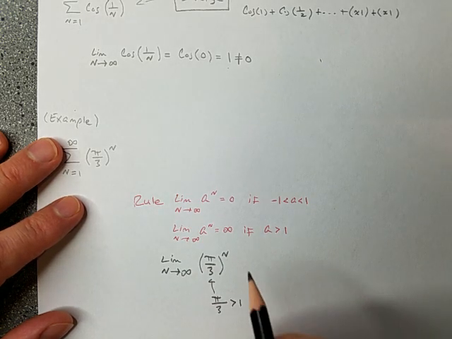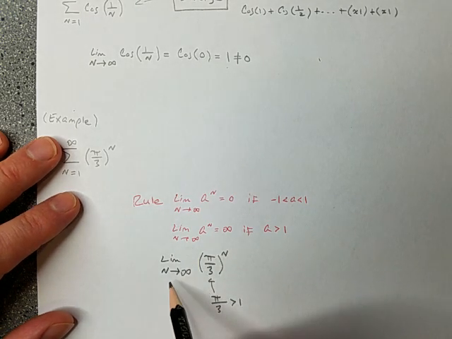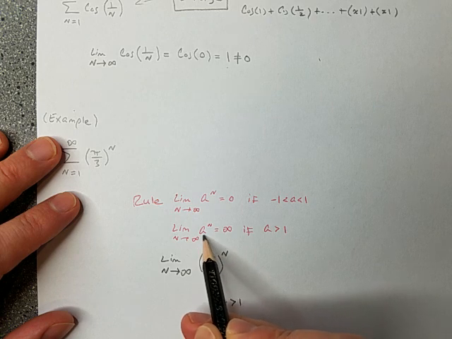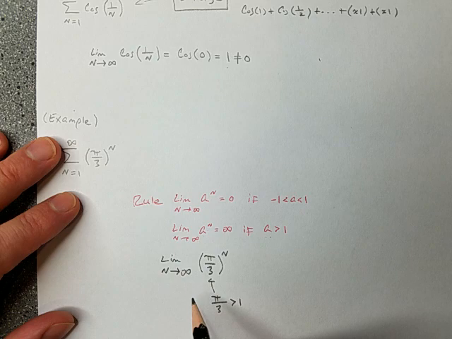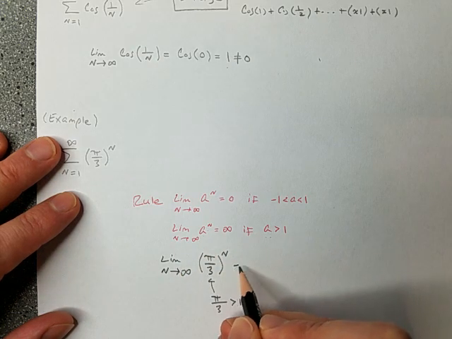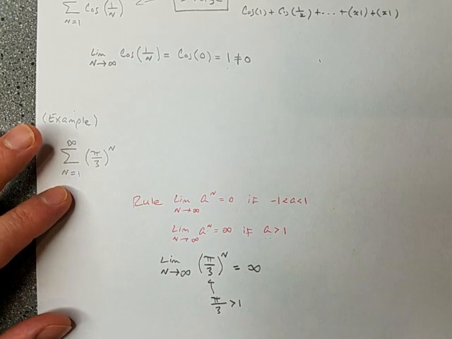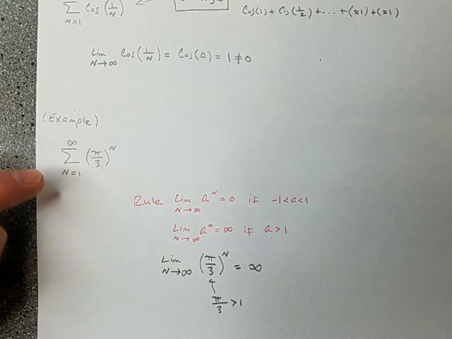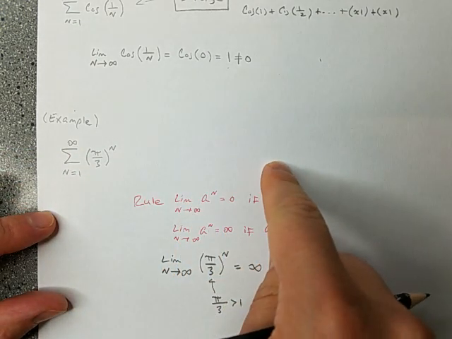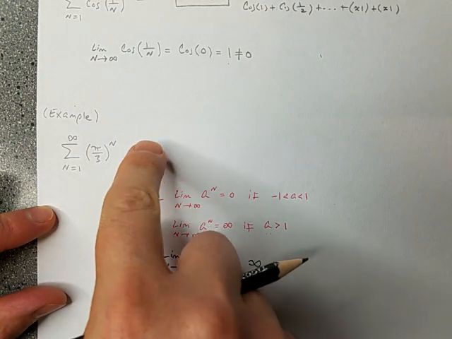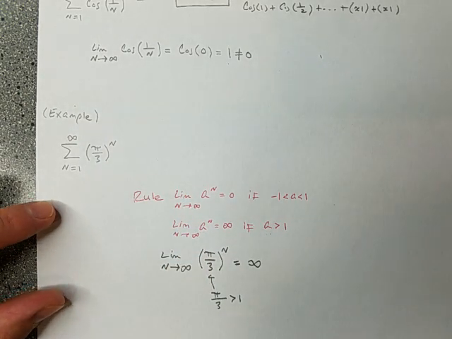So we're in this case: what's the limit as n goes to infinity of some constant to the n power if that constant's bigger than 1? This limit is infinity. Okay? So in this series, the terms just get bigger. This says the terms of the series just get bigger.